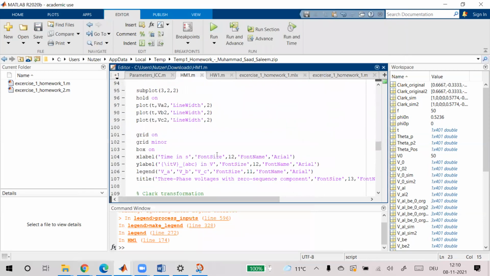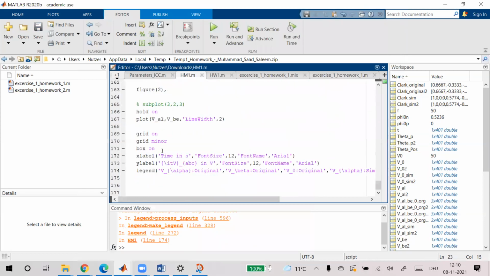And I think there is a y limit, x y limit or what? There is no y limit. So let me add a y limit.